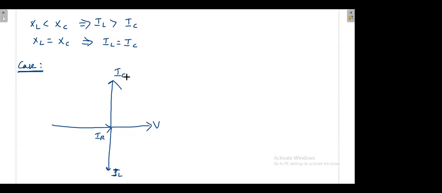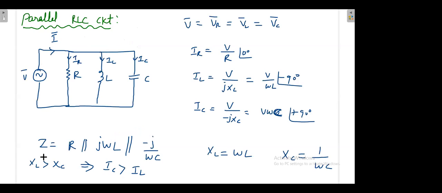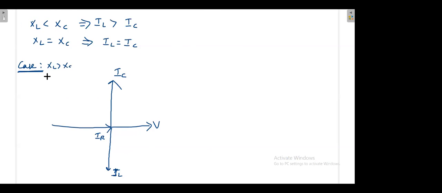Now what is our case 1? Case 1 is telling that when XL is greater than XC, IL is less than IC. That means IC is greater and IL is smaller.